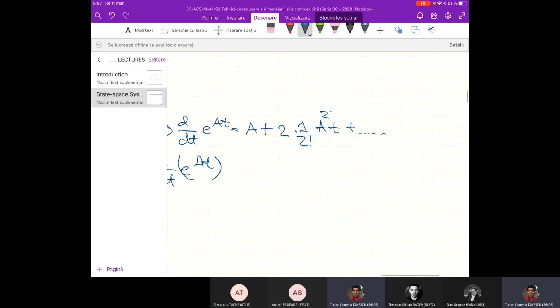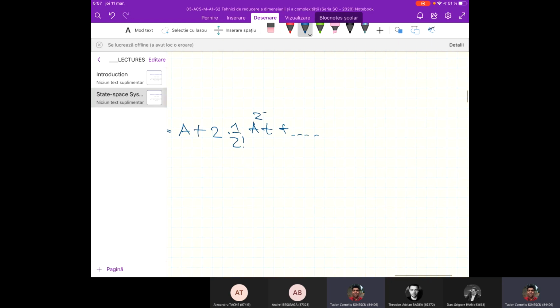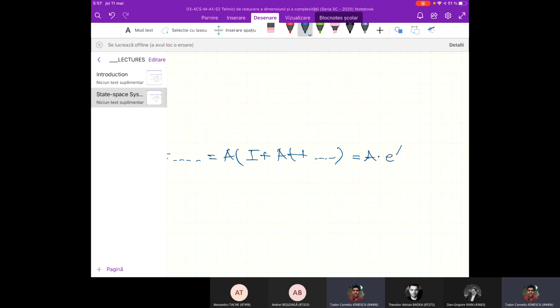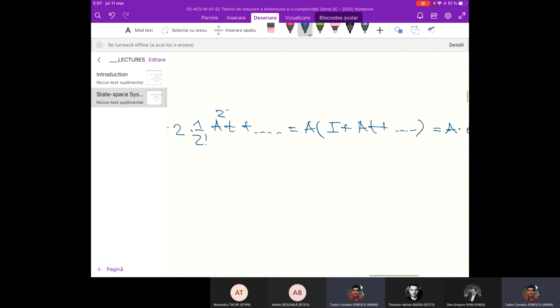And so on. We can extract A as a common factor to the left, so this is A times the identity plus At plus so on. So this is A times e to the power At.